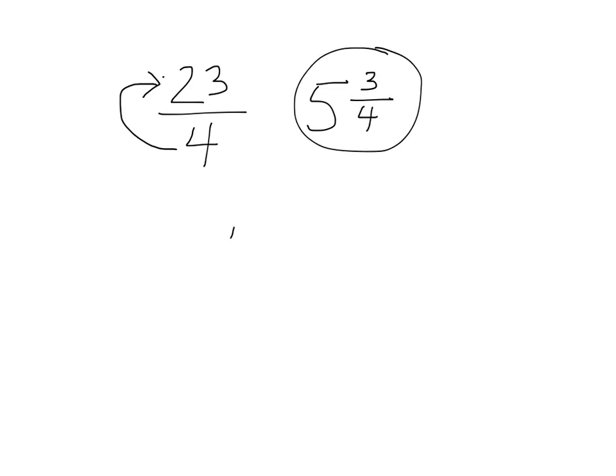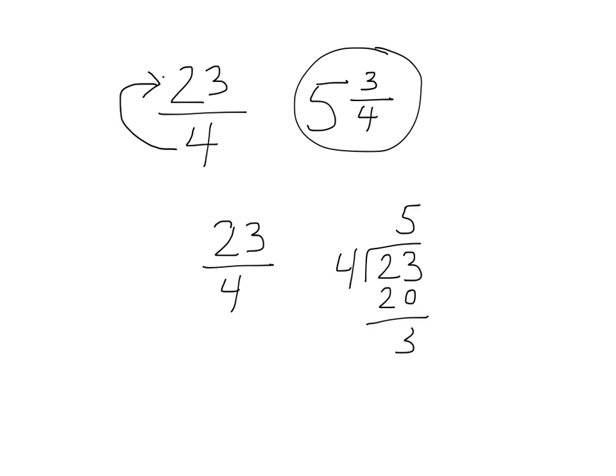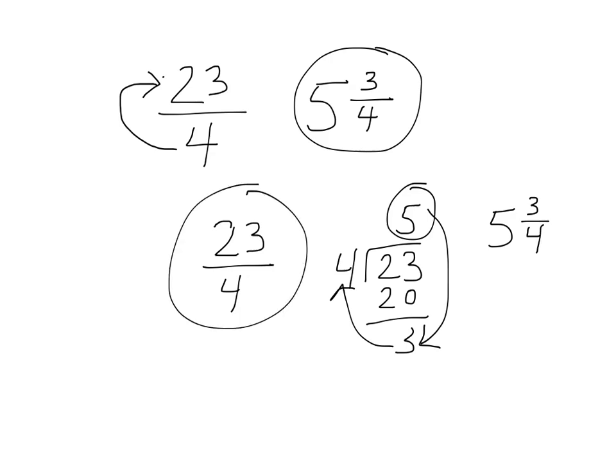The other way that we can do this is we can say 4 goes into 23 like this, and we can actually do the math out. And then remember, we start like a clock up here, so we have 5 and 3/4. So either one of those two work to get from an improper fraction into a mixed number.